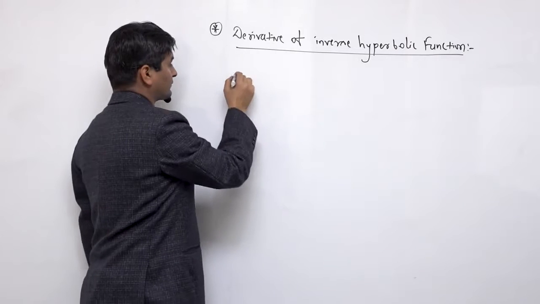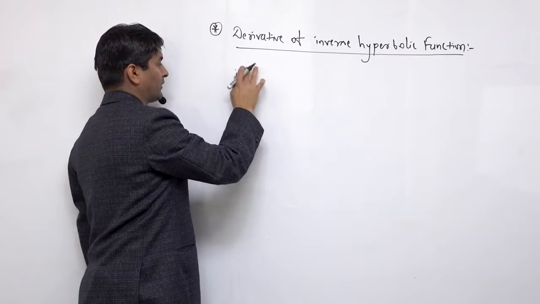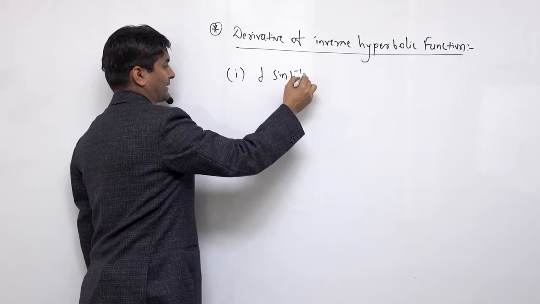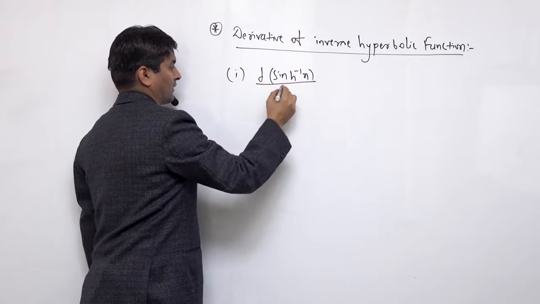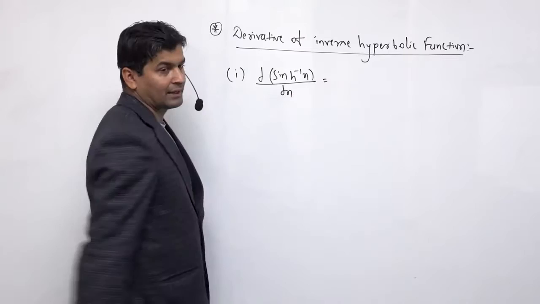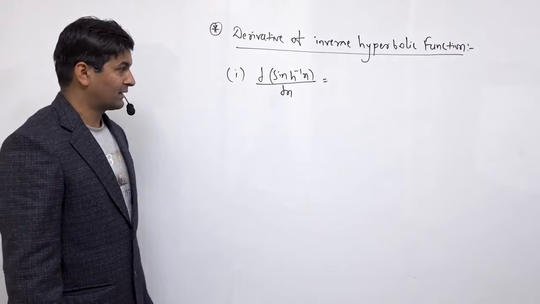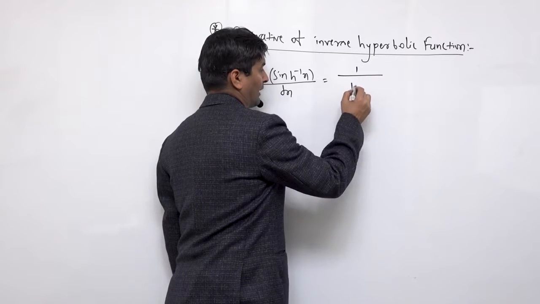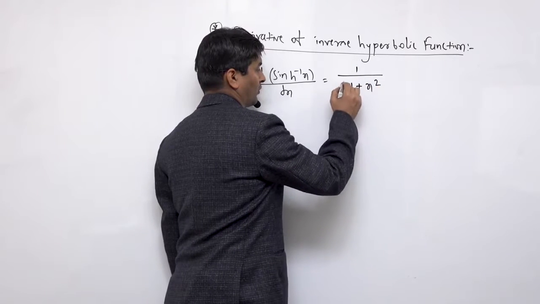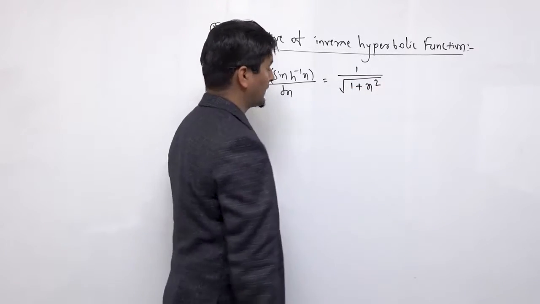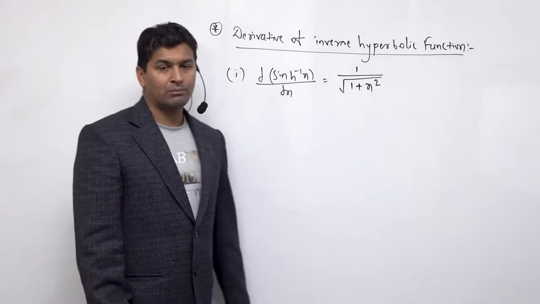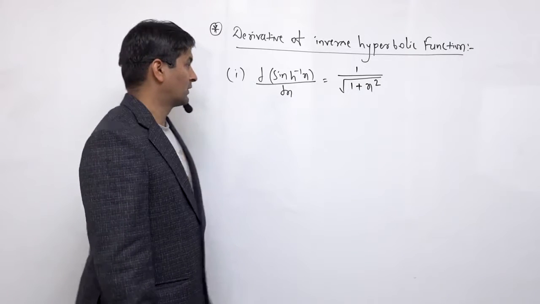First, derivative of sin h inverse x with respect to x. Derivative of sin h inverse x is 1 by root over 1 plus x square.